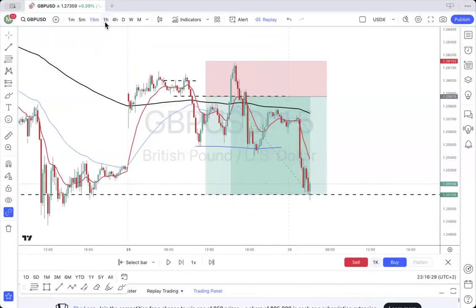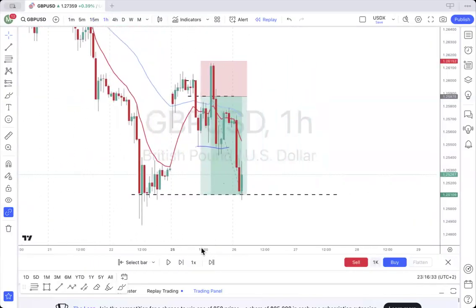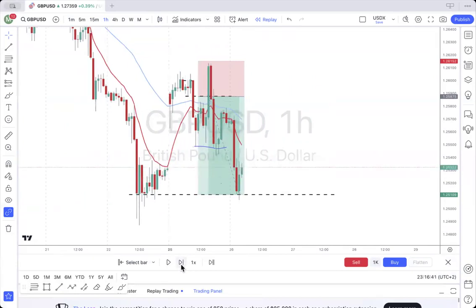Let me show you. If you use wicks, all right? If you use wicks, your take profit was not going to be hit. It was going to be missed because that is how far the market went and they were going to miss all this.